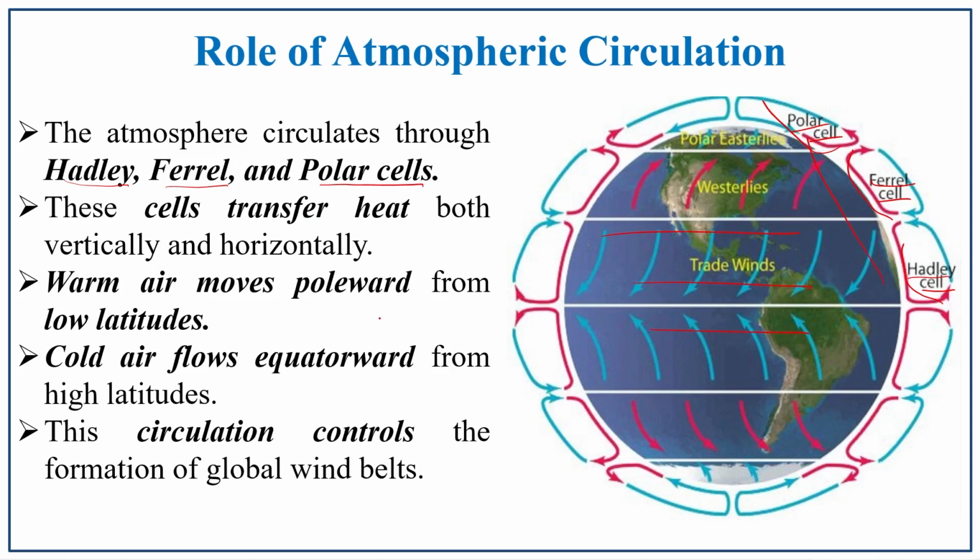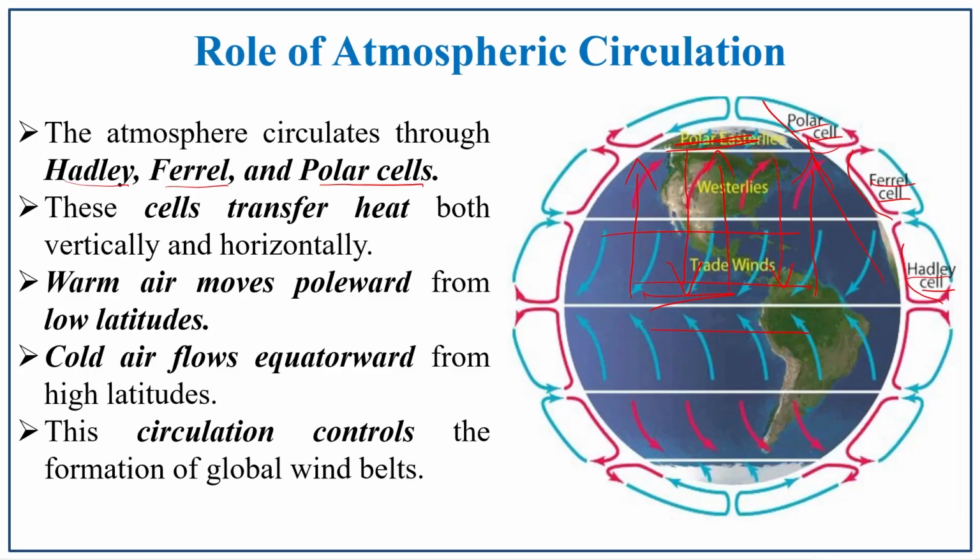The warm air moves poleward. So, warm air is moving from the equator towards the pole, that is, from the low latitude towards the higher latitude. This is the higher latitude, this is the lower latitude. The cold air flows equatorward. So, here the cold air is flowing from higher latitude towards the lower latitudes.